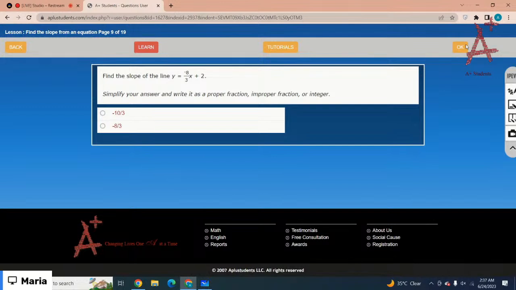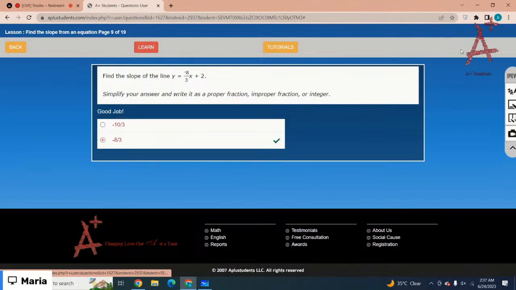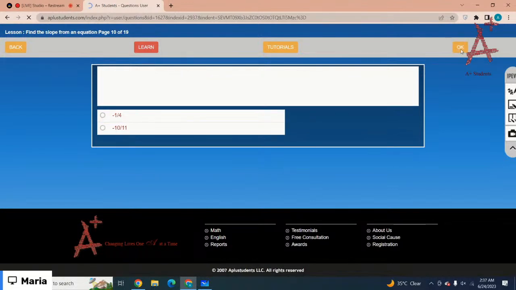Yes, the slope of the line is negative 8 over 3. Find the slope of the line y equals negative 1 over 4x plus 9 over 7. The slope of the line is negative 1 over 4.